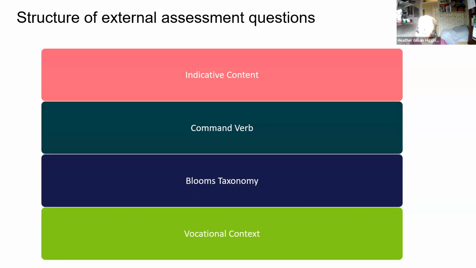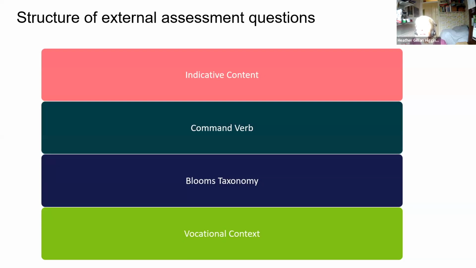When we mark your learners' answers, we mark the bigger, longer questions with indicative content. So we have a list of content, and unless it specifically says they have to have something particular, we can be generous. We judge it on the learner's whole performance. Do make sure that you understand the command verbs and that the learners do.